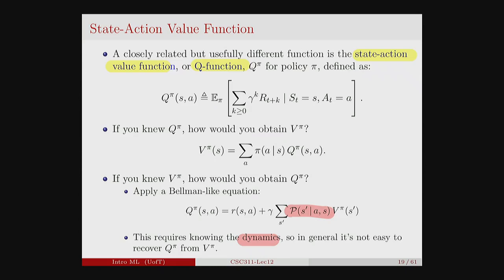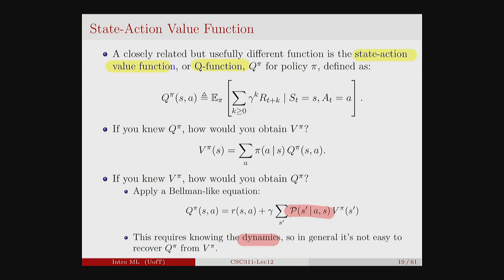So what we're going to do is define a related but different function called the state action value function, or the Q function. So much like the value function, the Q function is also going to be dependent on some choice of policy pi. But where the value function was a vector, where the elements of the vector corresponded to different states that your agent could be in, your Q function is a matrix.